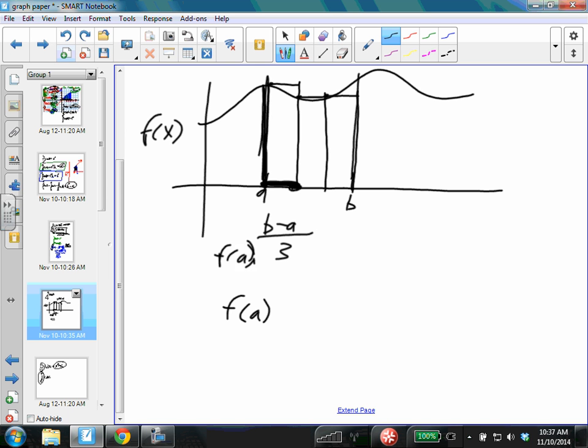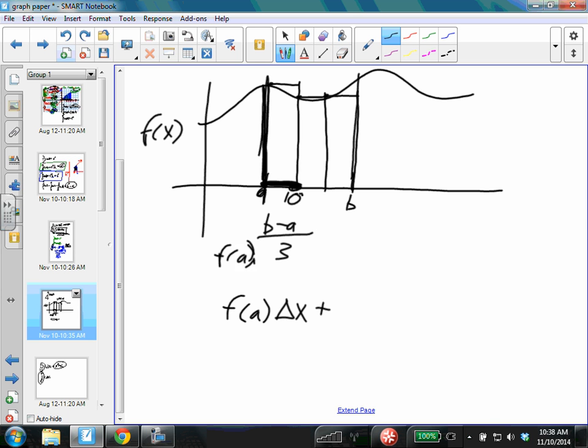If this was, it looks like a 9 already, so I'll just say it's a 9, right? And this was 10. What would you say this right here is equal to? 1, because the x value changed by how much? 1. So that is really just the change in x, okay? So, plus, and what would you do? F of, now to get the second height, you would use this next point right here, okay?